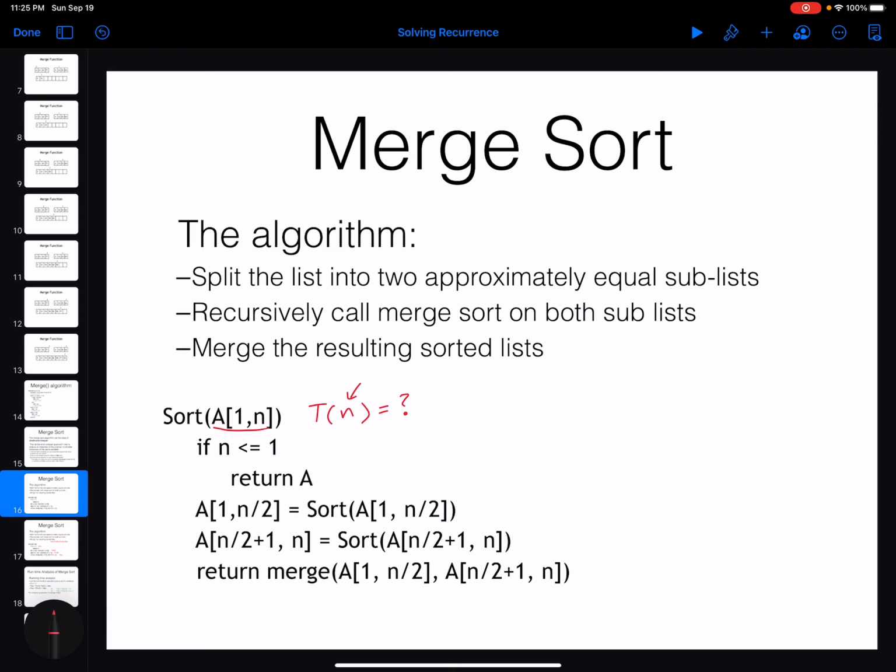If you look at the full algorithm of merge sort, I have some comparison and some returning. So the total cost of this part is going to be a constant amount of work. I can write it as O of 1, for example, or you can write it as C to show that this is some constant amount of work.